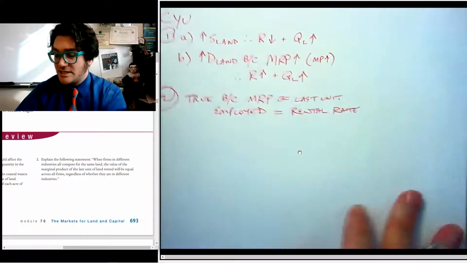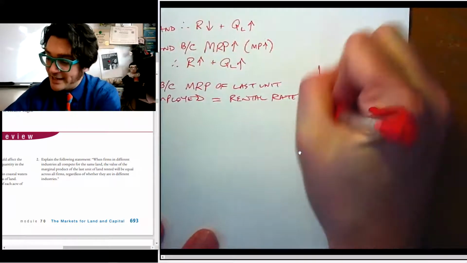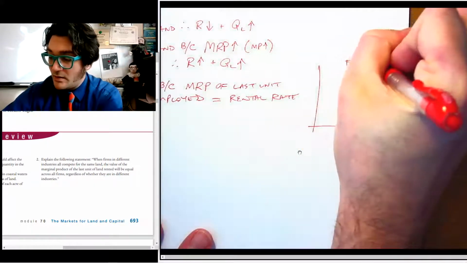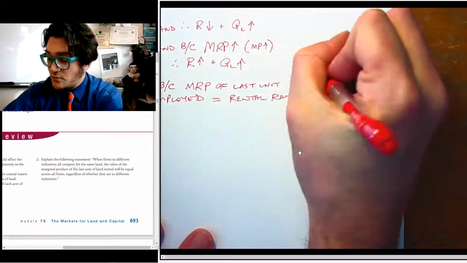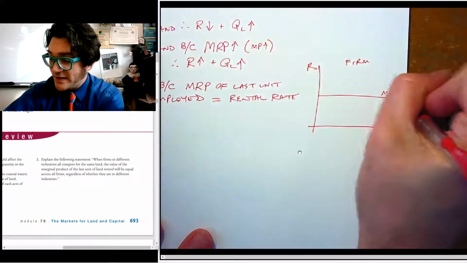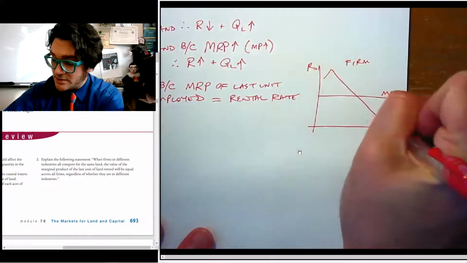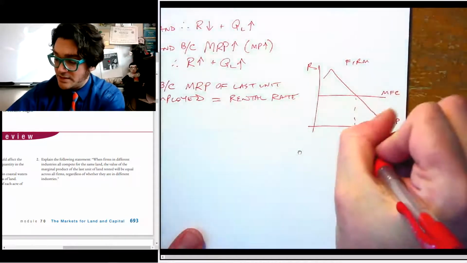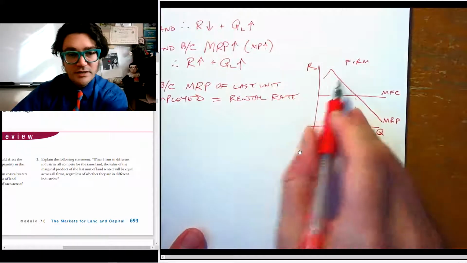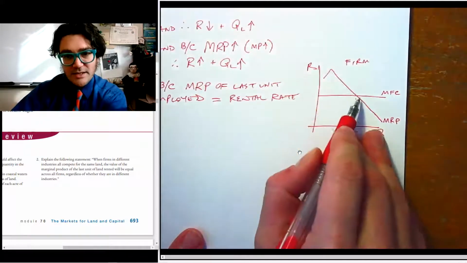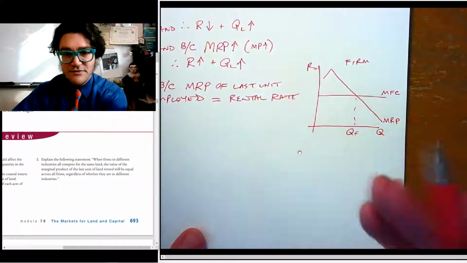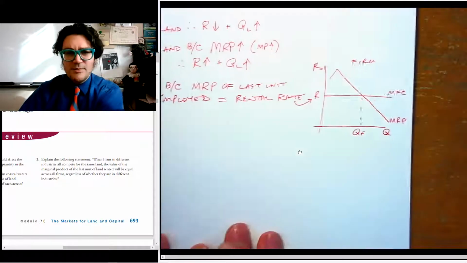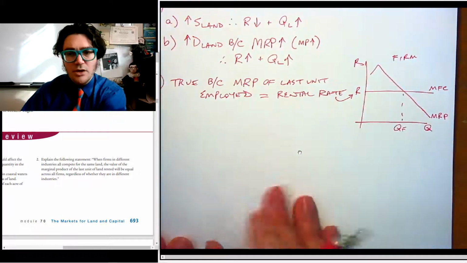If we had a graph of the firm and we had this rental rate, here's the marginal factor cost. And so then there's the marginal revenue product. Well, this is the last unit employed. The MRP of that last unit is going to equal the marginal factor cost, which is the rental rate, right? That's the rental rate. It just kind of has to be. That's what they all earn.